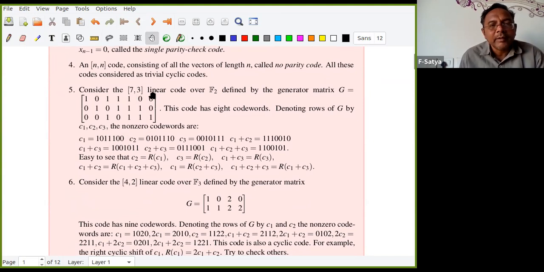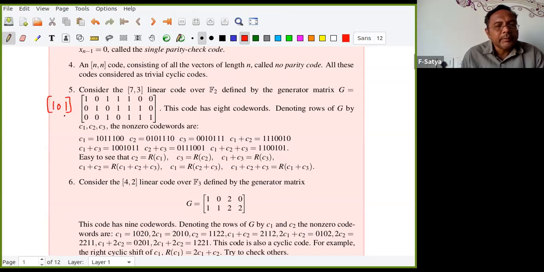Let us take a (7, 3) linear code. I think you remember this. A (7, 3) linear code over F2, whose generator matrix is like this. So how many codewords will there be? It is a generator matrix, so what is the size of this matrix? 3 by 7. What happens if I multiply 101 to this?